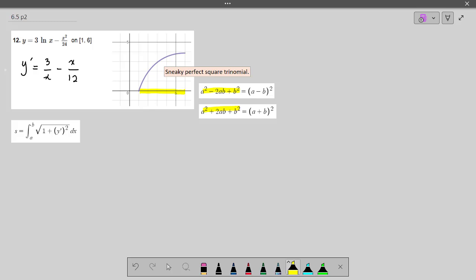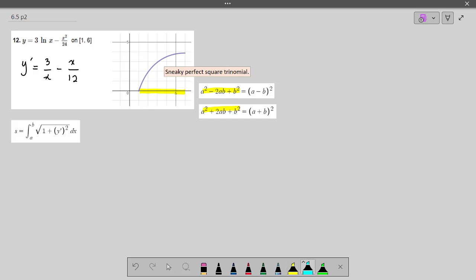Okay. Now, the integral has this square root of 1 plus the derivative squared. So we have to square that derivative. So when we're squaring this binomial, right, it's got 2 terms, we're sort of in this position, right? We have an a minus b, and we're going to square it.